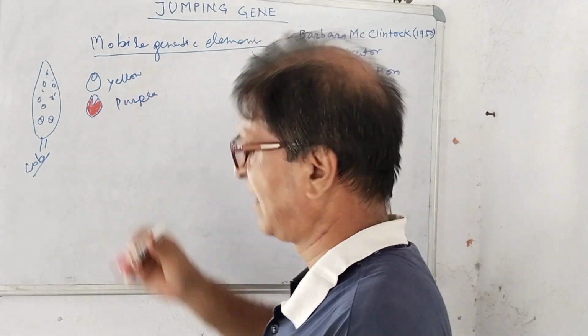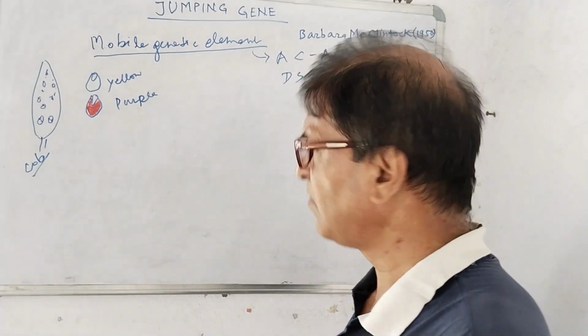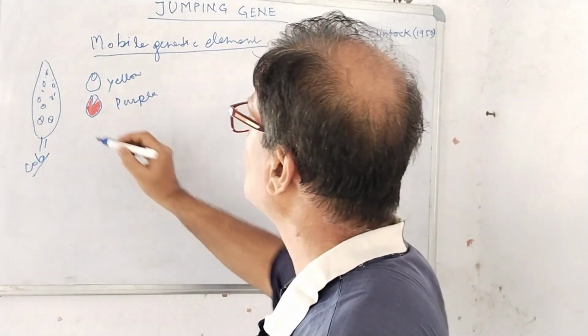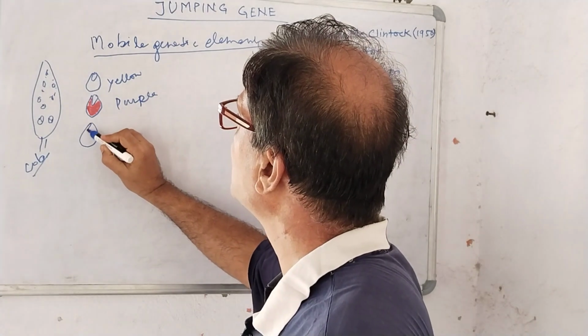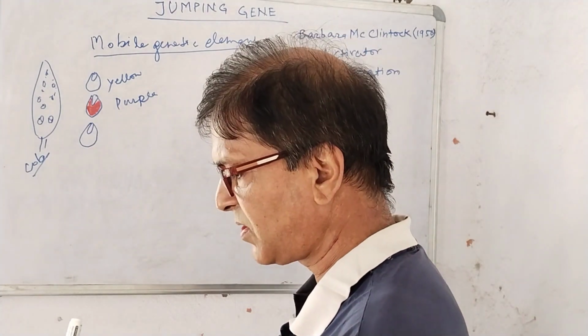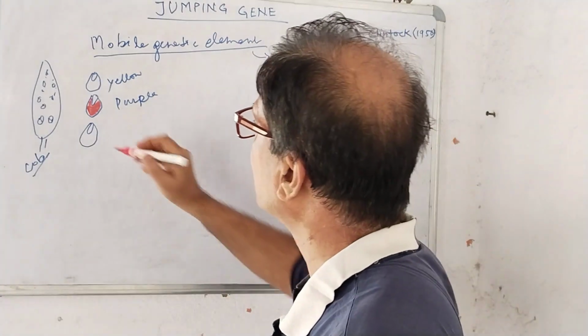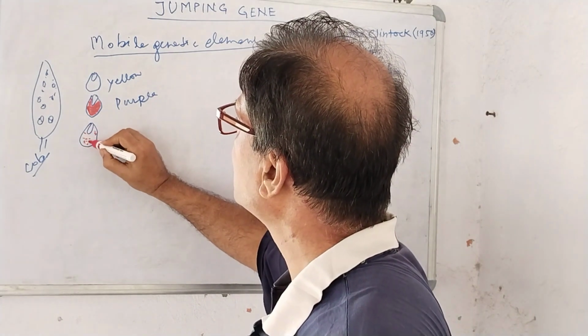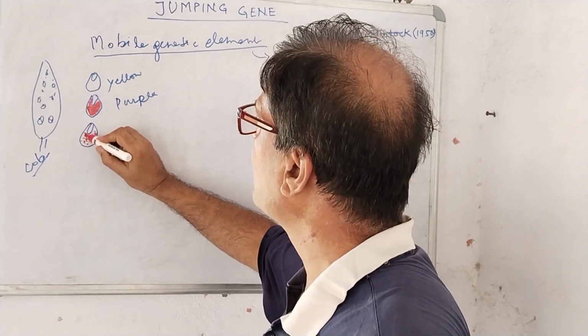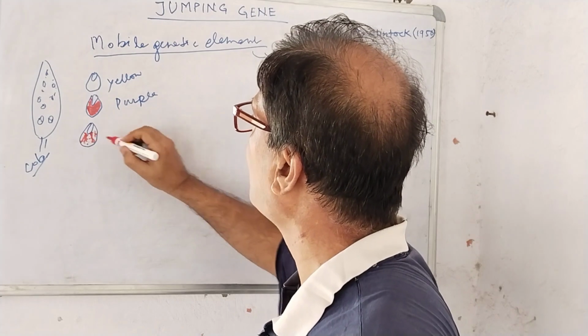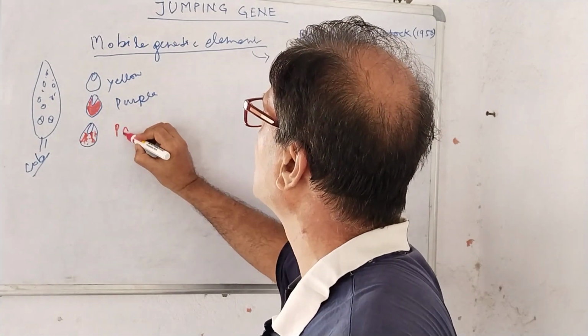And some grains show variation in this color pattern. This pattern might be expressed either in the form of patches or spots.